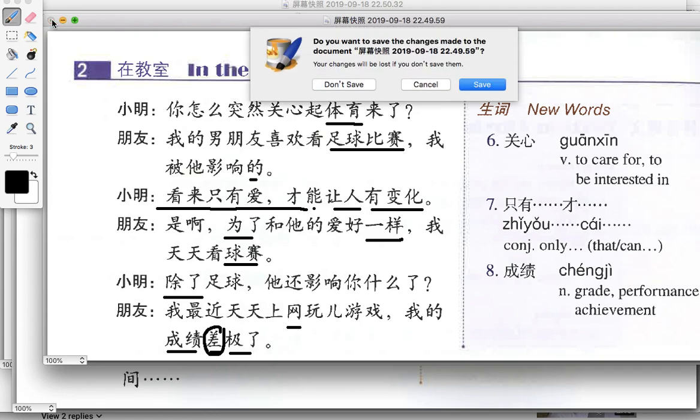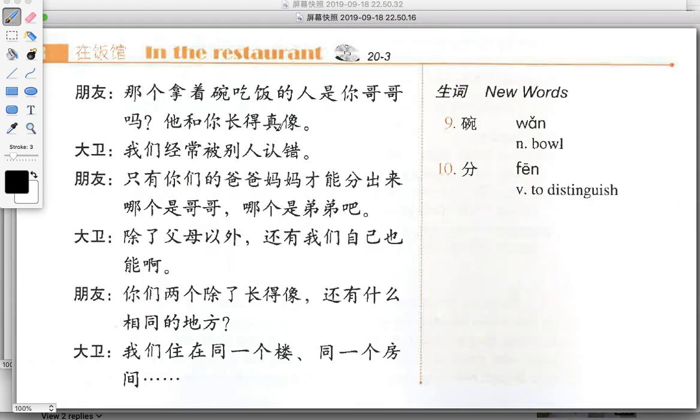好，我们看一看第三个对话。朋友说：“那个拿着碗吃饭的人是你哥哥吗？他和你长得真像。”碗, the bowl. 拿, to hold, holding, we learned that before. 的人，什么人？吃饭的人, the person who eats, or the person who eats holding the bowl, right?